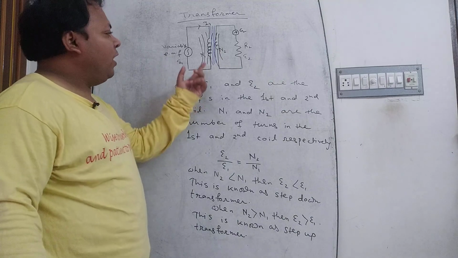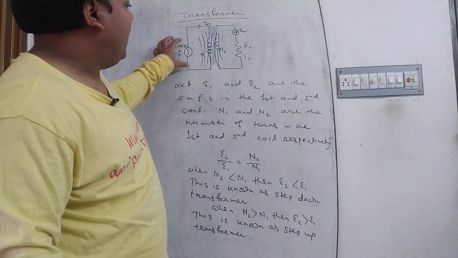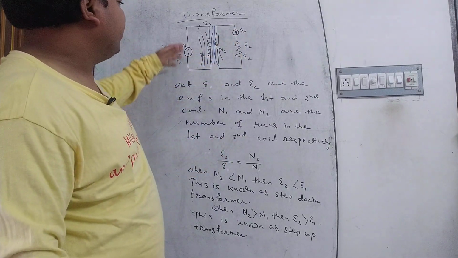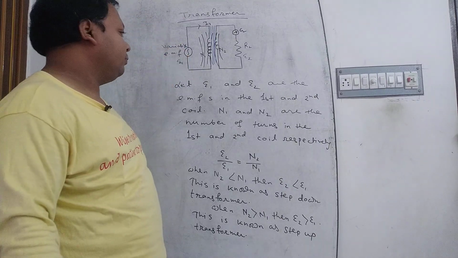Here epsilon 1 and epsilon 2 are the EMF in the first coil and in the second coil. Epsilon 1 is the variable EMF produced in the first coil.